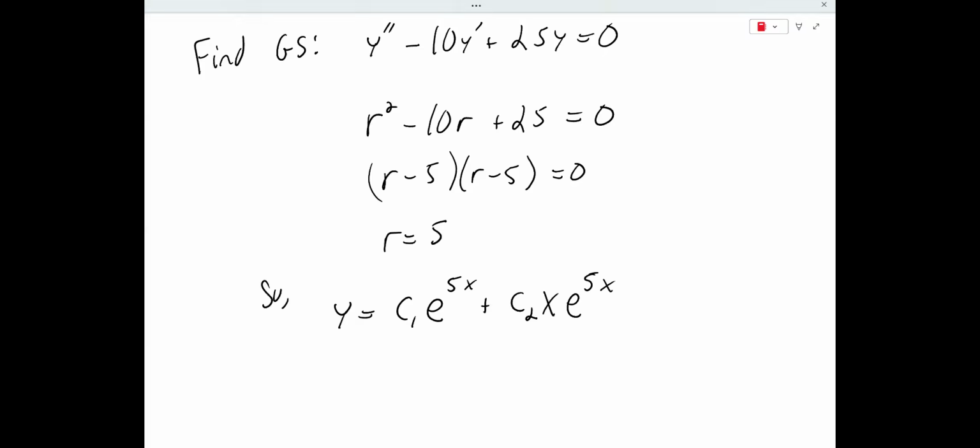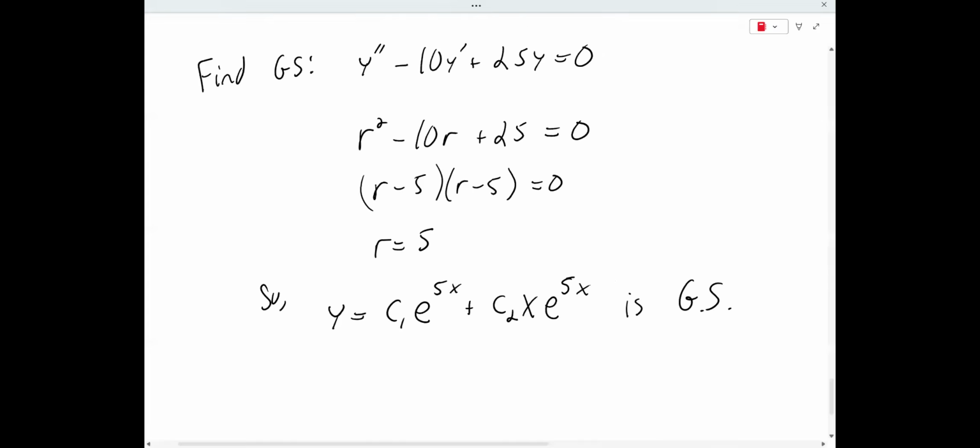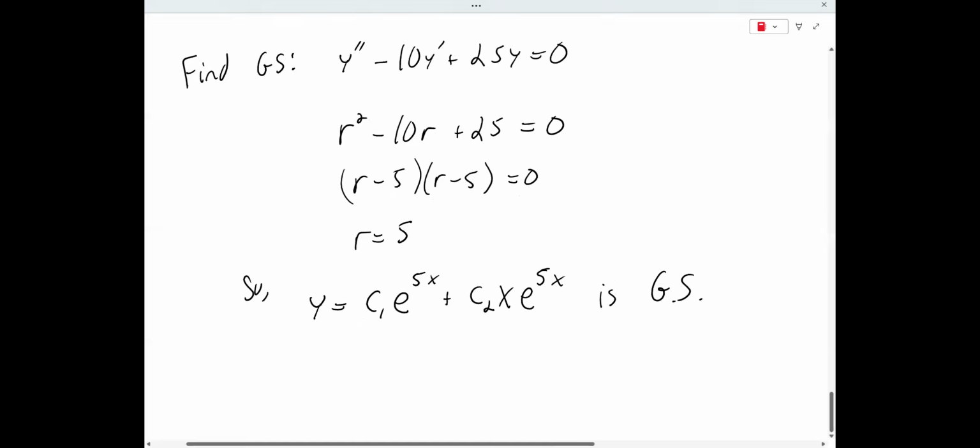Basically, if we did exactly what we did before, you can go through a whole thing and you find the same thing happen, so you don't do that every time. That is the general solution here. Anything on that? And again, you get two constants here because it's a second order equation.